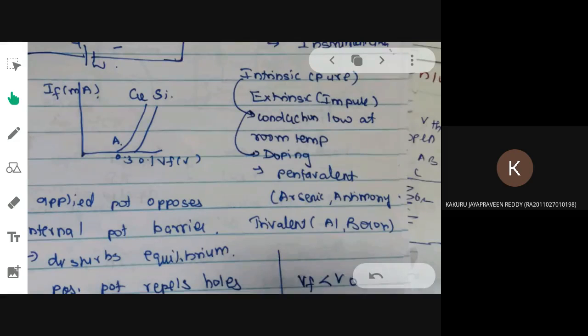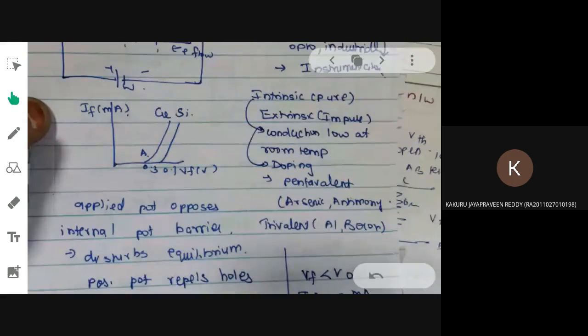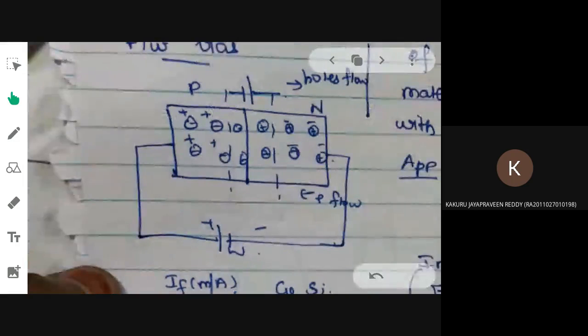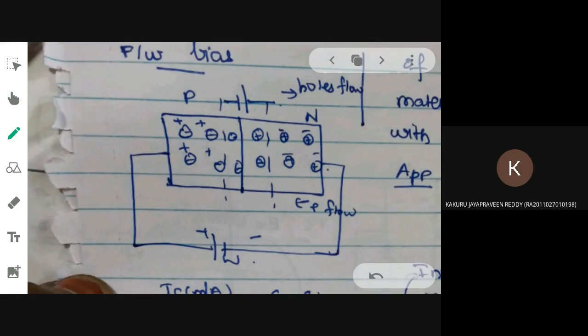So you add these impurities, either pentavalent or trivalent, and make it an extrinsic one. That is how you get p-type material and n-type material. One more thing you have to remember: there are majority charge carriers and minority charge carriers for each type. For p-type, the majority charge carriers will be holes.